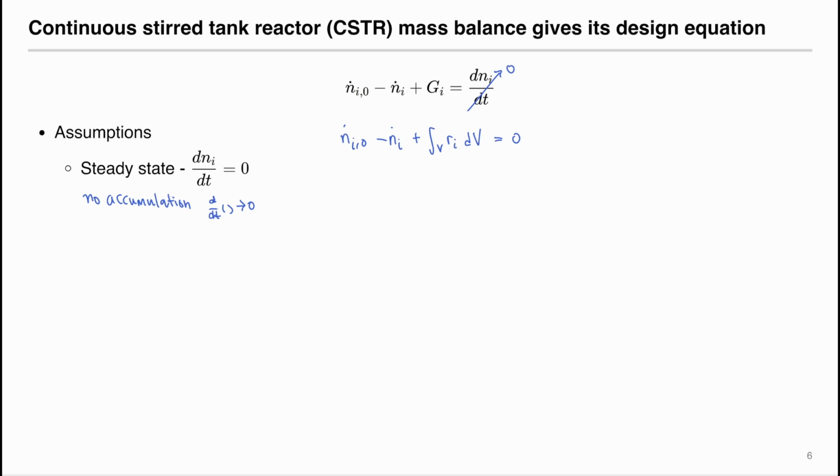And if we assume we have constant volume, and if we also assume that it is spatially uniform, that is, the reactor is well mixed because it is constantly stirred, then we can take out the term so that it becomes rate of reaction multiplied by the volume.